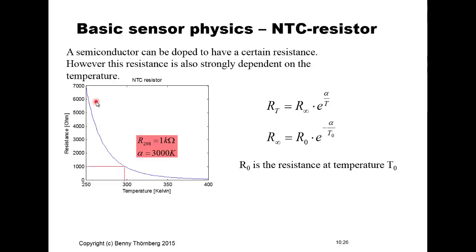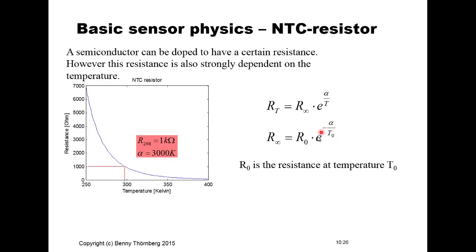So with increasing temperature, the resistance is decreasing, and it is decreasing with a logarithmic response following this definition, this equation. This factor R infinite is defined by this equation, and this capital T is the temperature given in Kelvin, and alpha is the exponential coefficient.